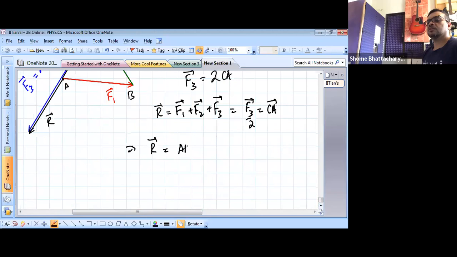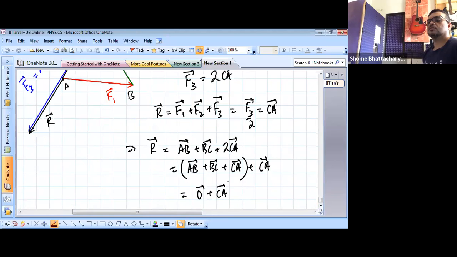It is AB plus BC plus twice CA. So that is AB plus BC plus CA plus CA. Now you can see that this is going to be 0 plus CA, because it's forming a closed triangle.